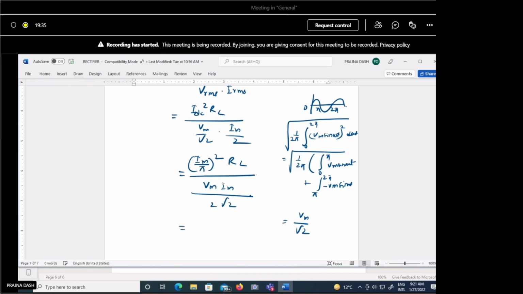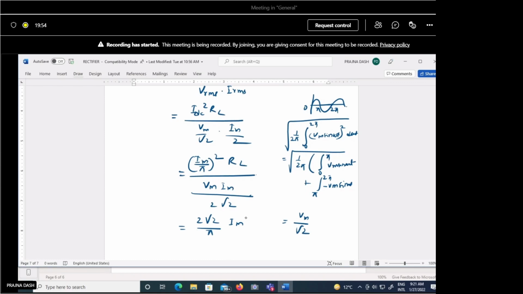So after simplifying, we get 2 root 2 by pi, into Im RL, and Im is also there, so this will be Im.